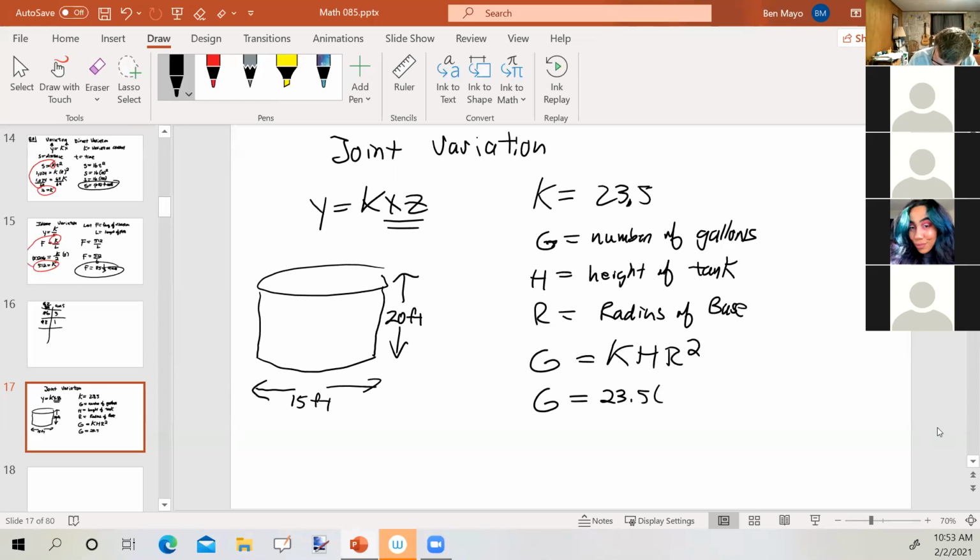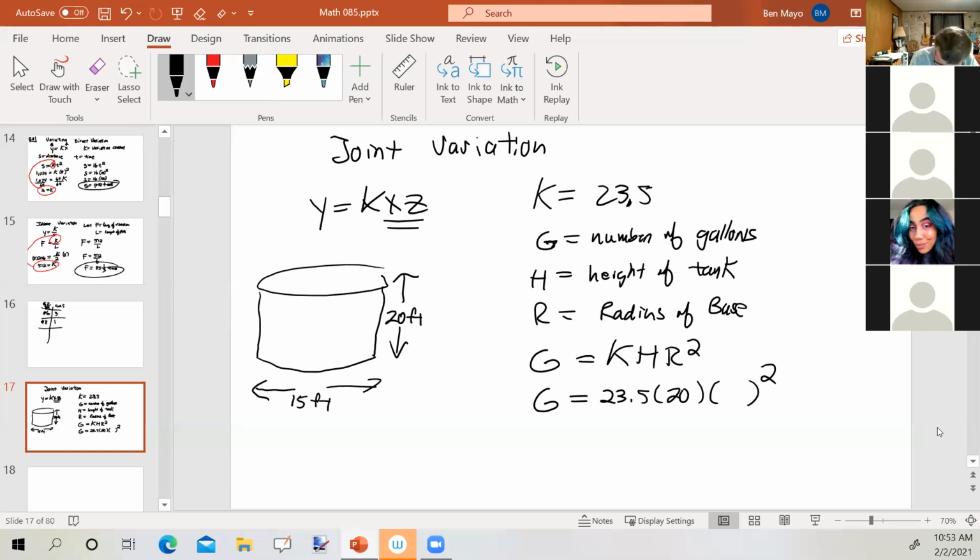What's the height of the tank? 20. Careful. What's the radius of the tank? Do you remember? Is it 15 or 7.5?